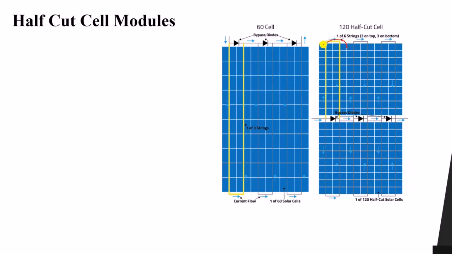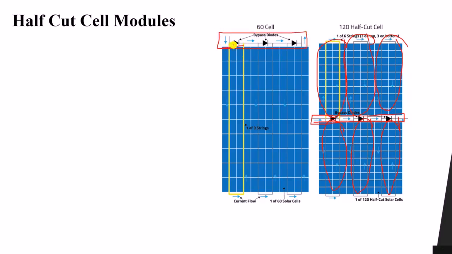We have 1, 2, 3, and since we are half cut, we have 4, 5, and 6. And our bypass diode will be installed here, instead of here.